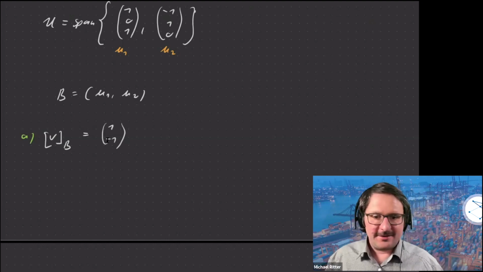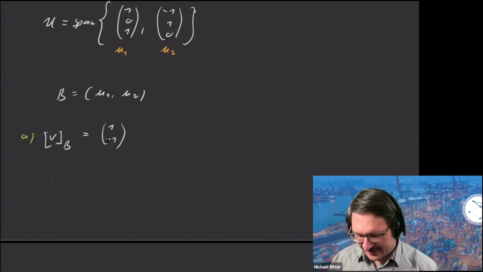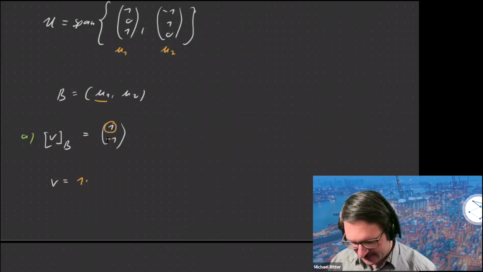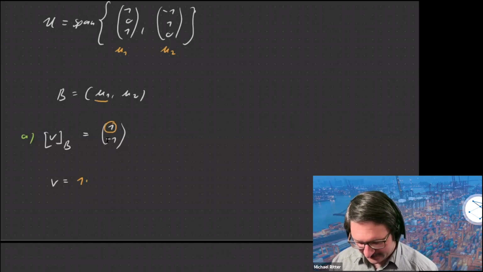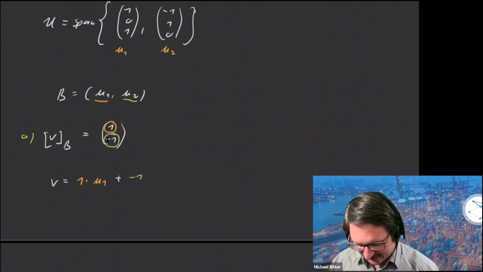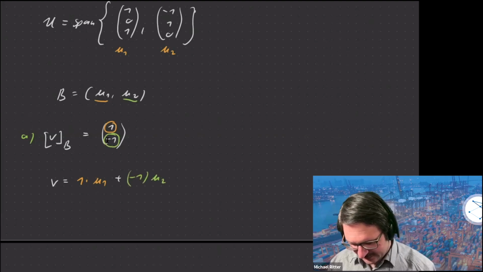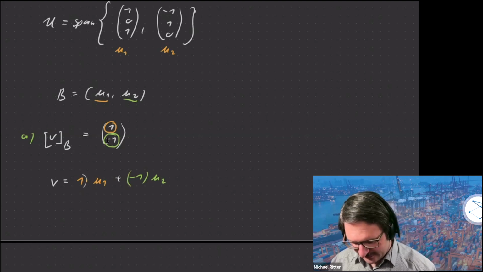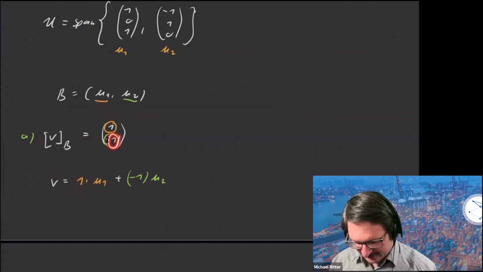What that means is simply that the vector can be expressed as 1 times the first basis vector, U1, plus -1 times the second basis vector, U2. So the coordinates are just the scalars with respect to the coordinate system you have given. This refers to the first vector, this refers to the second vector.